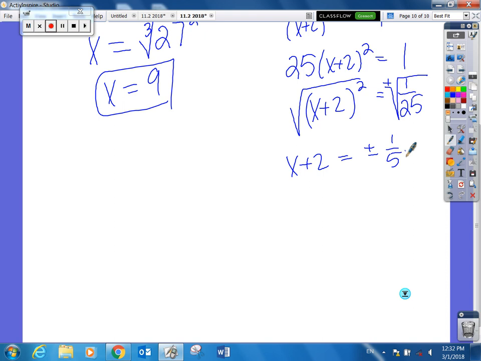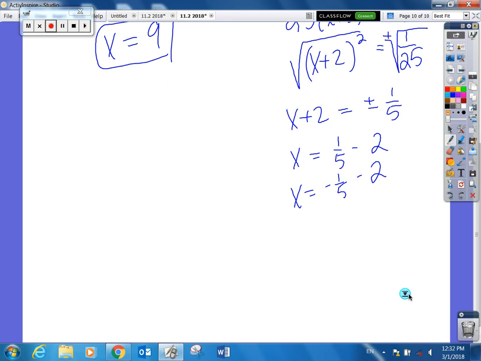Square root of 1 is 1, square root of 25 is 5. So we have two answers that we can find. x equals 1/5 minus 2. x equals negative 1/5 minus 2. You have to actually find those. If you don't, that is not correct. If it was like the square root of something, plus or minus 1/5 minus the square root of 2, that's different.